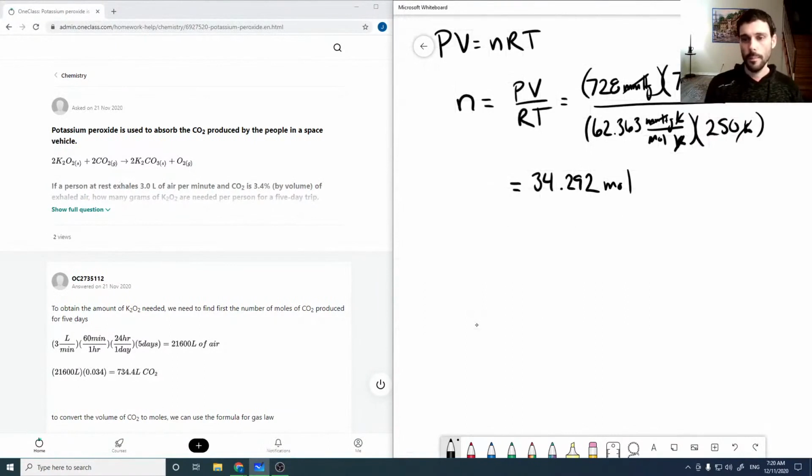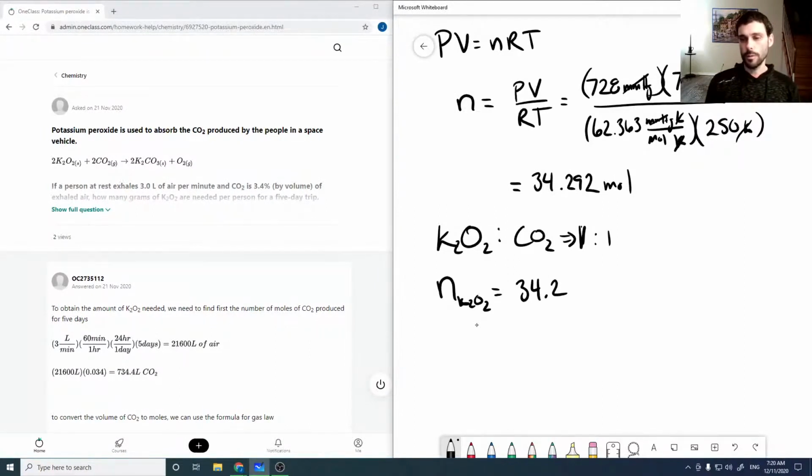So we have a K2O2 to CO2 ratio of 1-to-1. So that means our number of moles of K2O2 is just equal to 34.292. So if we have this many moles of carbon dioxide, we need an identical amount of moles of potassium peroxide.